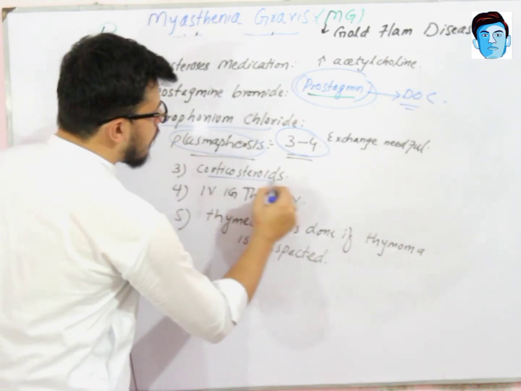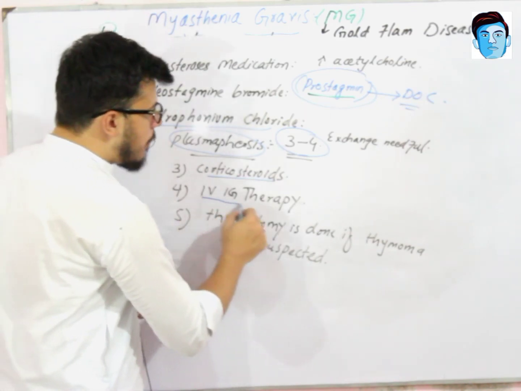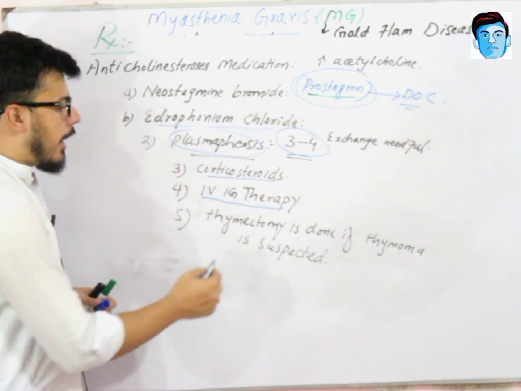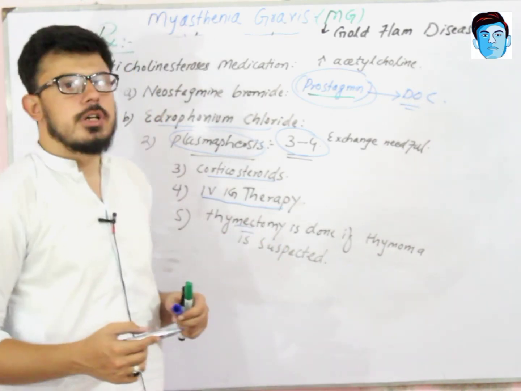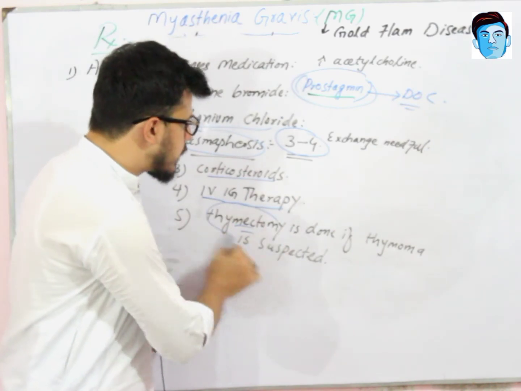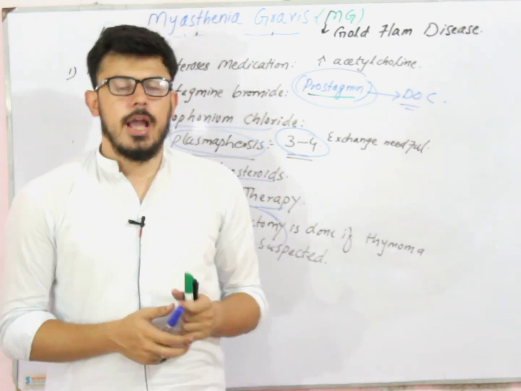Also, if the condition is severe, we can give corticosteroids, and intravenous immunoglobulin therapy is given to boost the immunity. And if thymoma is suspected, in that condition we can go for thymectomy. So students, that's all about myasthenia gravis, and thank you so much.